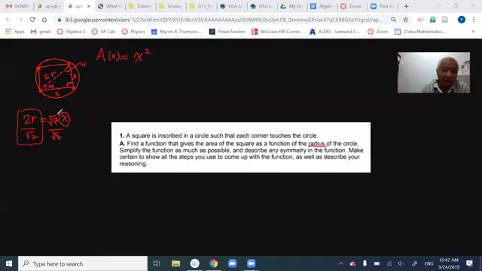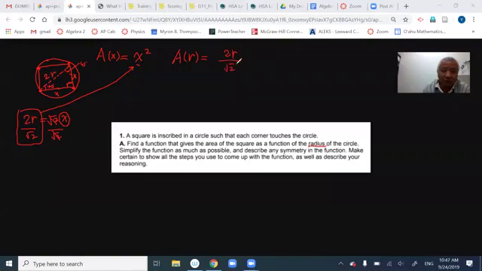Now, since they ask to find the area as a function of the radius of the circle, that means this x, we need to substitute by the r. So A of r equals x squared, and x is 2r over square root 2.